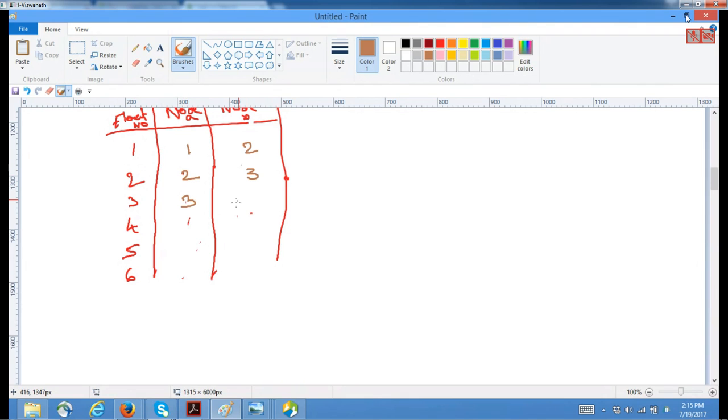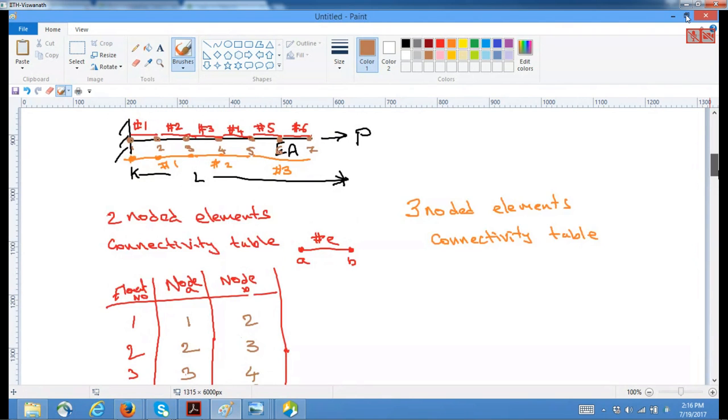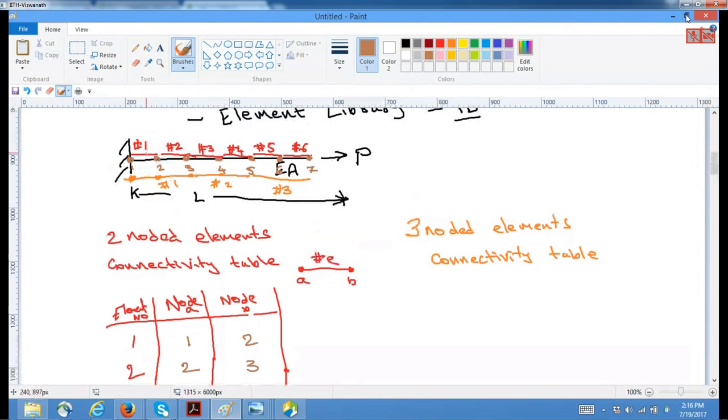This consists of 3 and 4. This consists of 4 and 5. This consists of 5 and 6. This consists of 6 and 7. So let us see again the same color matching. These are the nodes in brown color. For element 1, A is 1, B is 2. For element 4, A is 4 and B is 5. For element 6, A is 6 and B is 7. That's what I have written as my connectivity table.